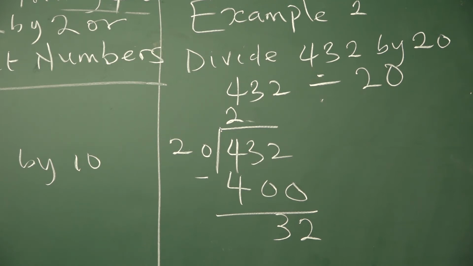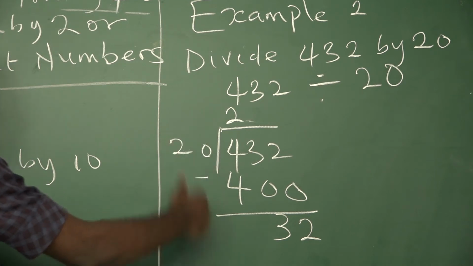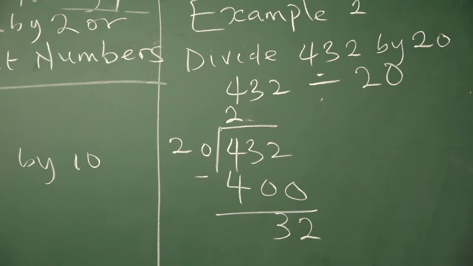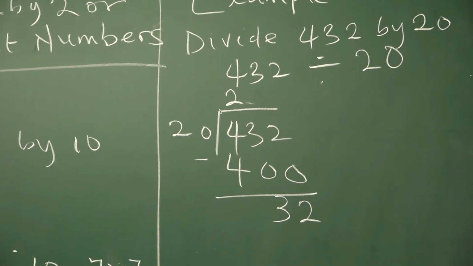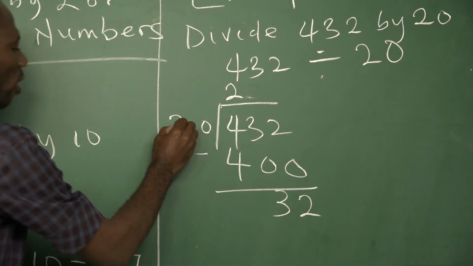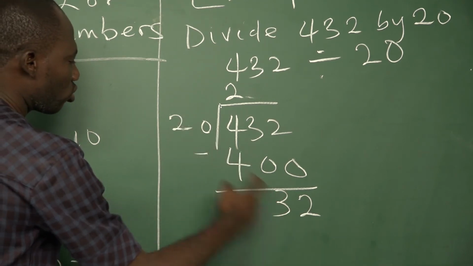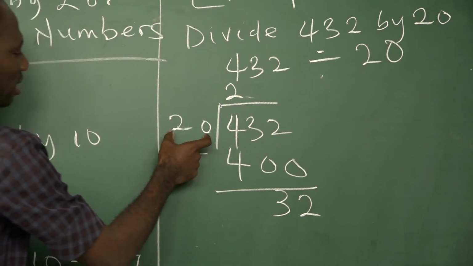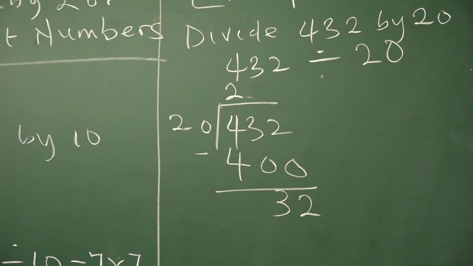So it's time to consider 20 again, going into 32. 20 going into what? 32. If we look at it properly, you will discover that 2 cannot; you have to consider the entire 20 now, because 20 can go into 32 and it will go 1 time.